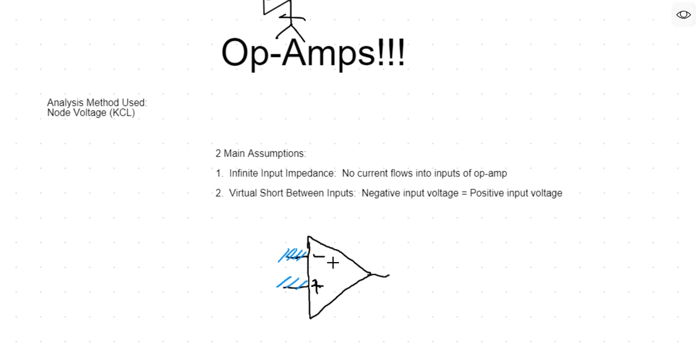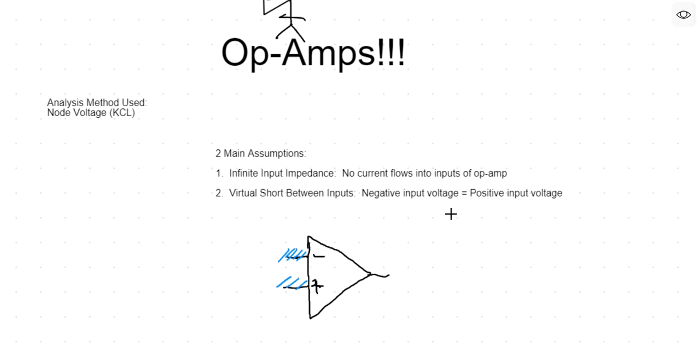So you have your negative input and your positive input, and assumption number two says, go ahead and pretend like there's a piece of copper shorting those two inputs on the inside of this op amp. So whatever voltage is on the negative input, that same voltage is going to appear on the positive input, and vice versa. So there's no difference in voltage between those two inputs.